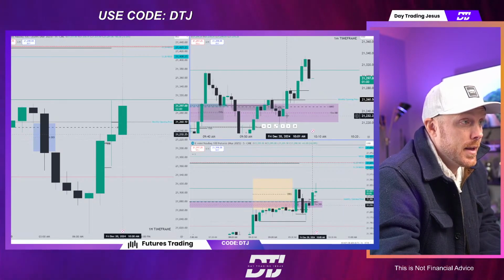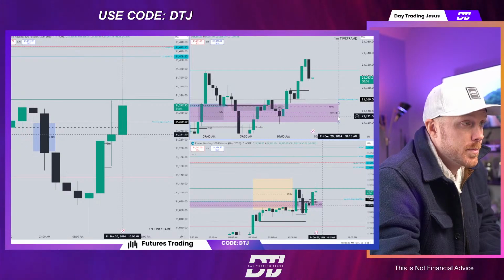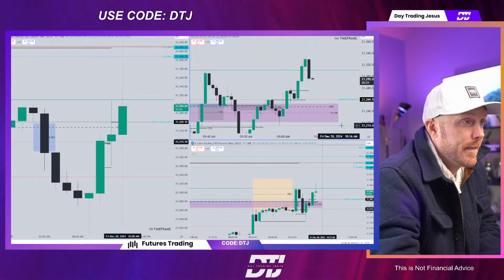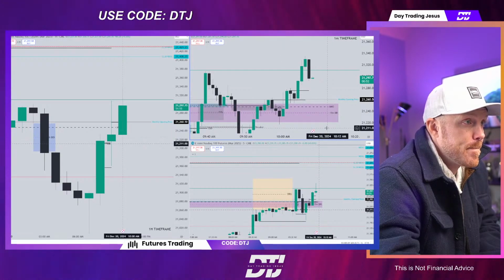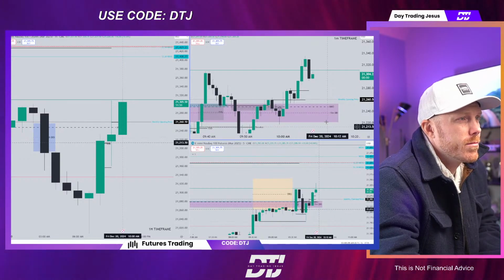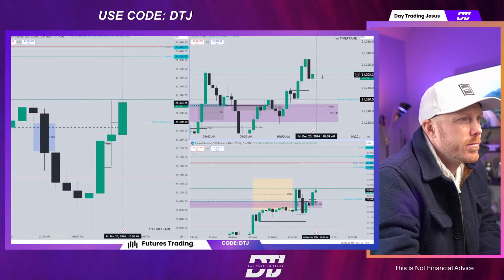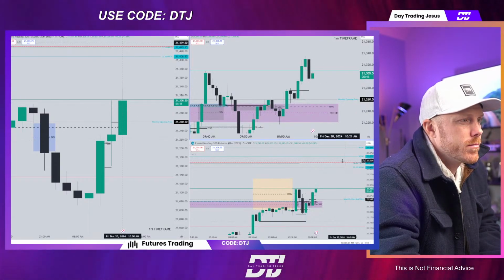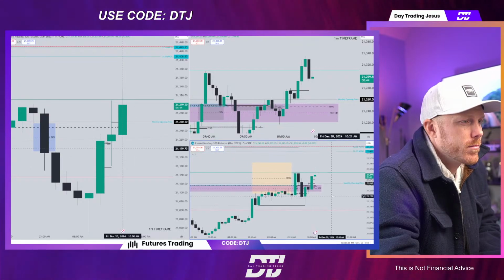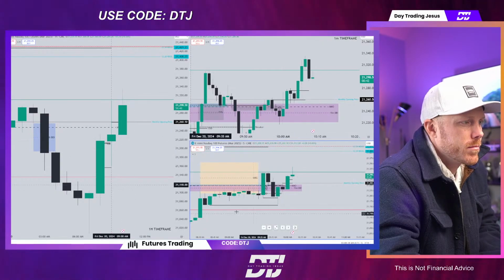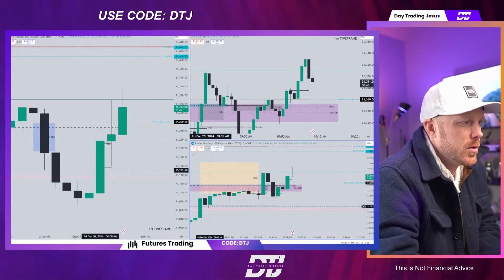The 10 a.m. candle is down here. We didn't even sweep these lows down here.